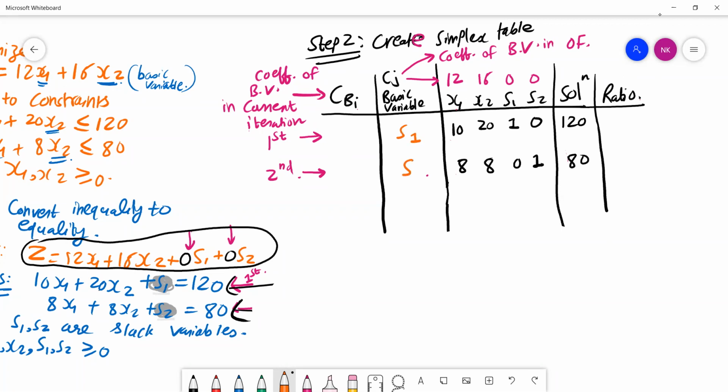In the second constraint, the slack variable that is used is S2. Now, the coefficient of the basic variables in the current iteration: S1 has the coefficient 0 in the objective function and S2 has the coefficient 0 in the objective function. So that is the reason we put 0 and 0.